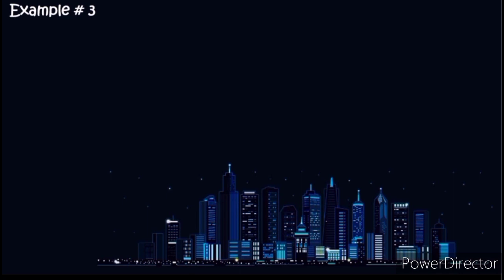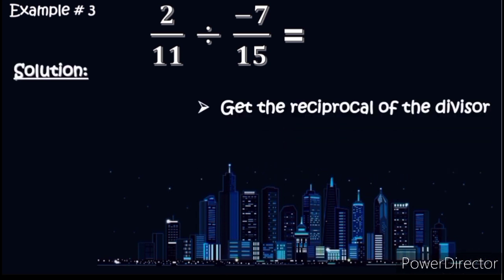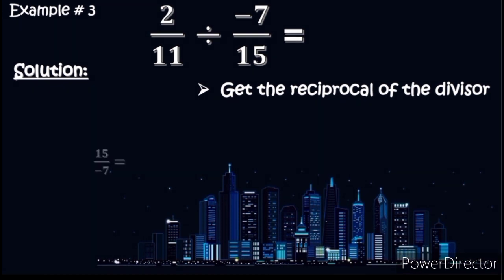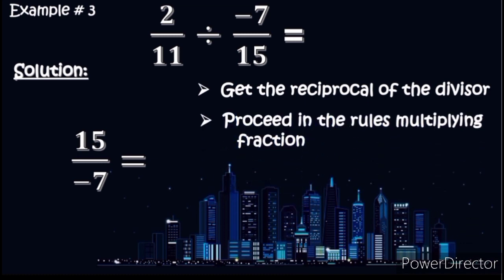Example number 3. 2 over 11 divided by negative 7 over 15. First, get the reciprocal of the divisor. Negative 7 over 15 will become 15 over negative 7. Now proceed with the rules in multiplying fractions. We have to multiply it by 2 over 11.